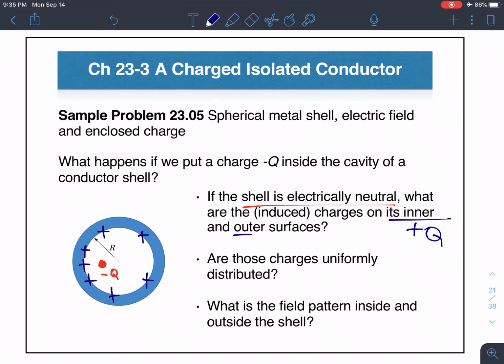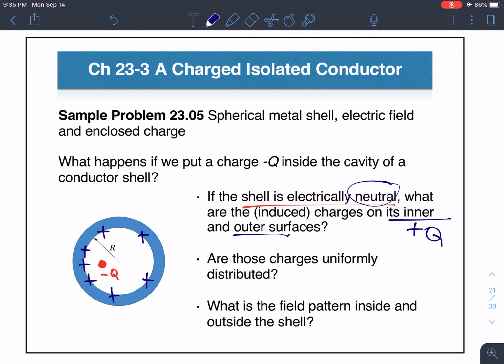And what about the outer surface of the shell? The shell was neutral. If we have positive Q on the inner surface, that really means that the negative charge we put in the cavity is going to repel the electrons. And remember that we are dealing with a conducting shell, so the charges are free to move. Because of that negative Q in the cavity pushing the electrons out, but they cannot go anywhere, they will stay in the shell.